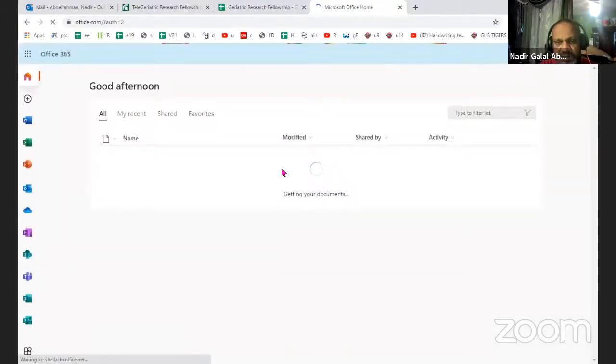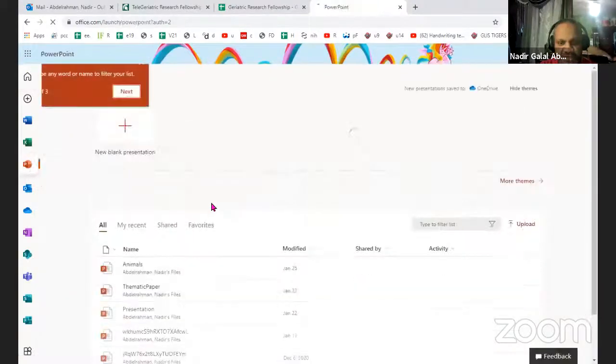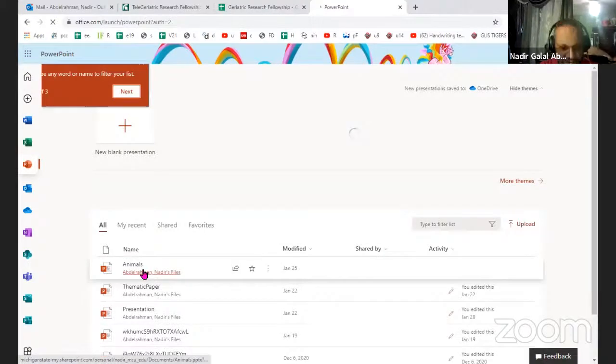So what you do is open the file that you downloaded, let's say diabetes, go to PowerPoint, and you will have the diabetes file somewhere here.